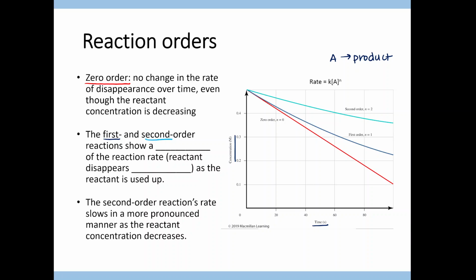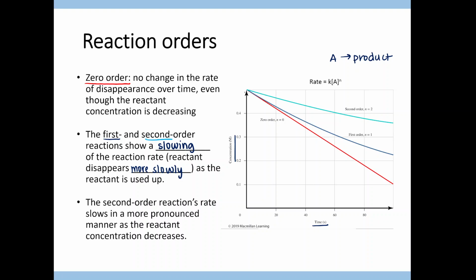For first and second order reactions, these show a slowing of the reaction rate, because the reactant is disappearing more slowly as the reactant is used up.